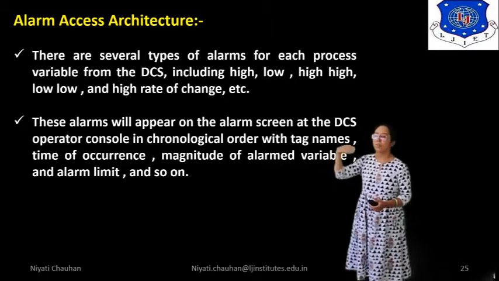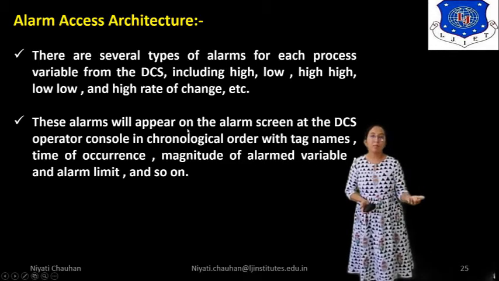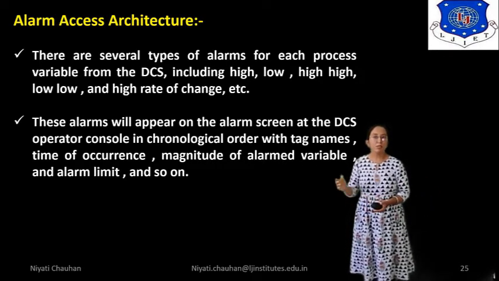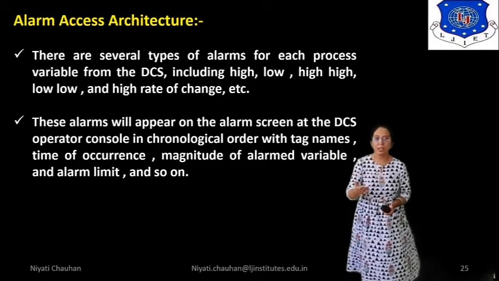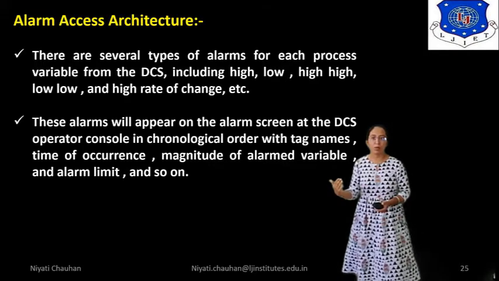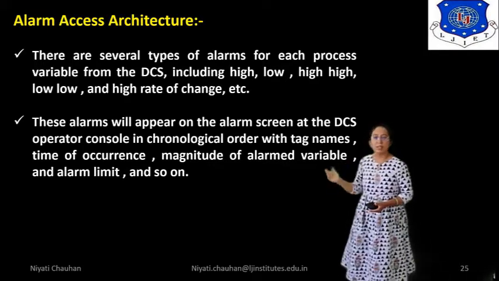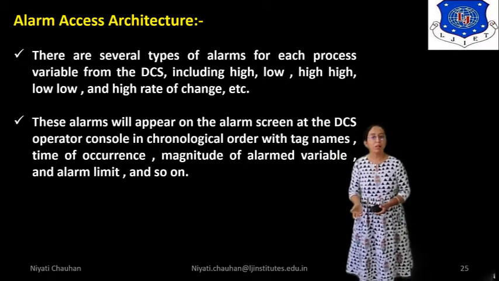So here first we have discussed the different types of alarm variables available in DCS. We are using conditions for high, low and both high and low, according to requirement. Thereafter, these alarms will appear on the screen of the operator's console.